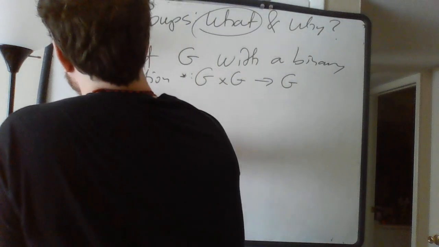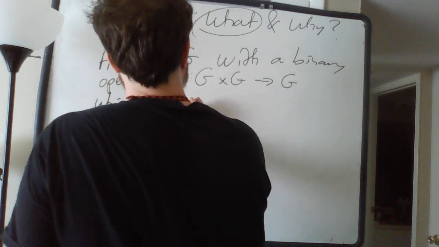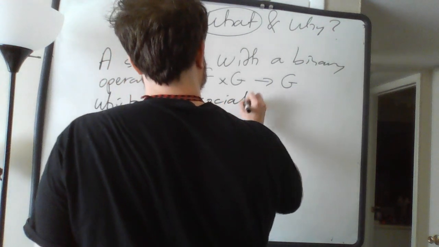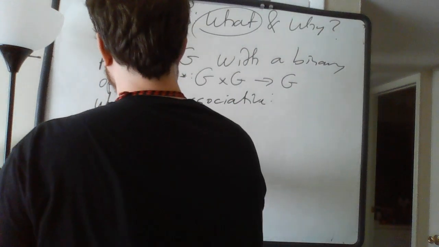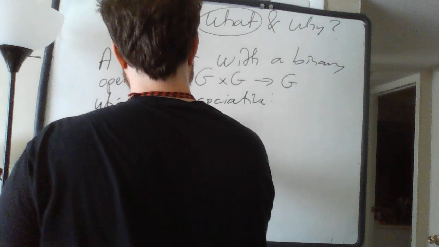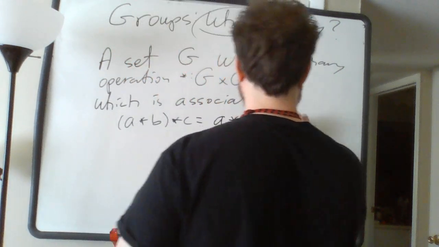Now, one requirement here is that this operation is associative. In other words, this means that (A star B) star C is equal to A star (B star C).